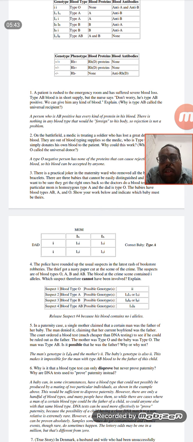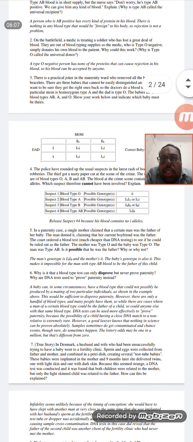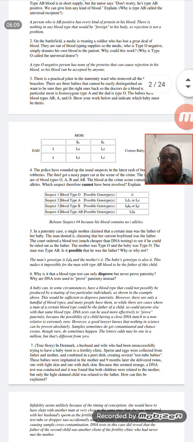The person who has AB positive has every kind of protein, that is antigen, in the blood. There is nothing in any blood type that he could see as foreign to the body, so rejection is not a problem. That is why it is considered a universal recipient. And when you come to the third question, the second question also you can read, it is related to the medics.